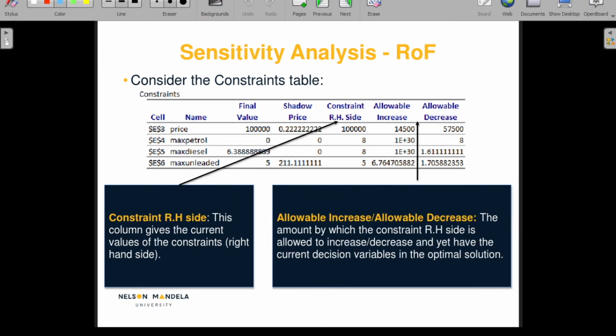The third column just gives us the current values of the constraints. So these are the right-hand side values of the constraints. The last two columns give us the allowable increase and allowable decrease, and that is the amount by which the constraint right-hand side is allowed to increase and decrease and yet have the current decision variables in the optimal solution.